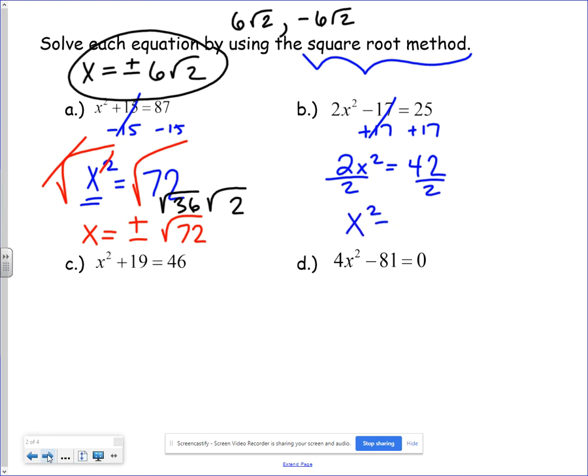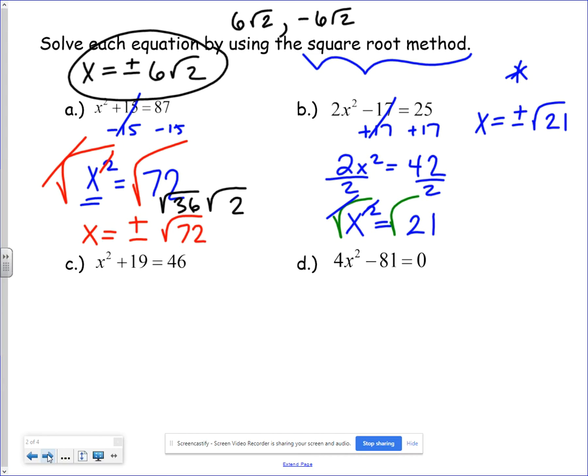I get x squared equals 21. That's what x squared is. I want to know what x is. So now I take the square root of both sides. These cancel out, so I just get x. And whenever you do the square root method, you've got to put this plus and minus on your answer. So it's plus or minus the square root of 21.